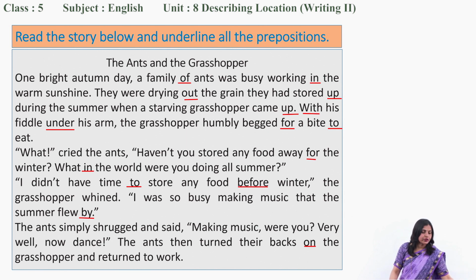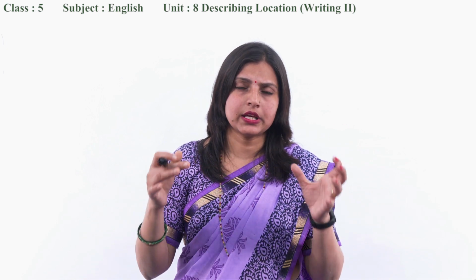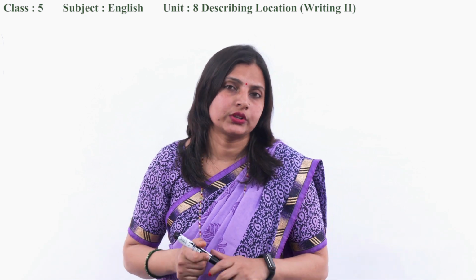Now, as we have already discussed about the prepositions and we can locate different things, in your books we have done lots of exercises on that. Now tell me, how is your house? Tell me the things located in your house now.